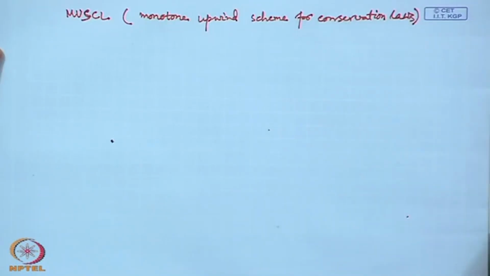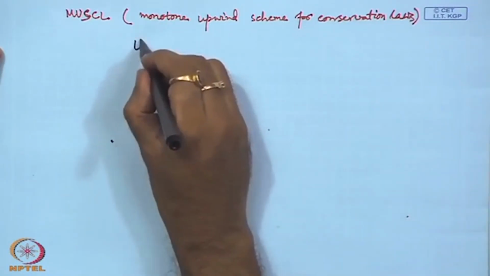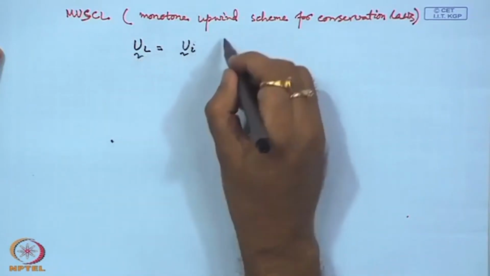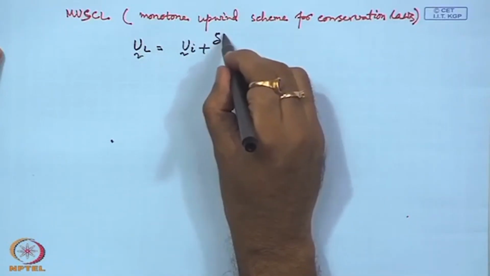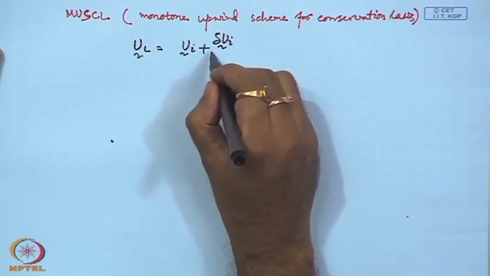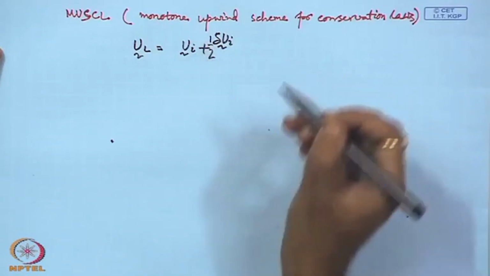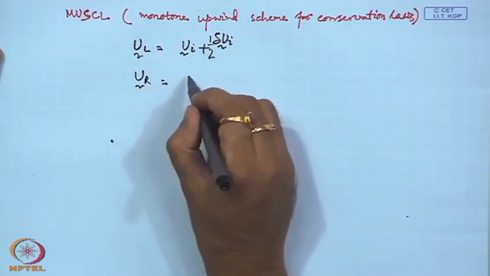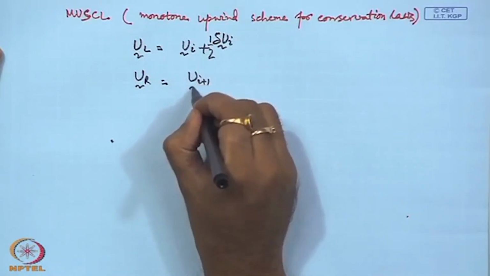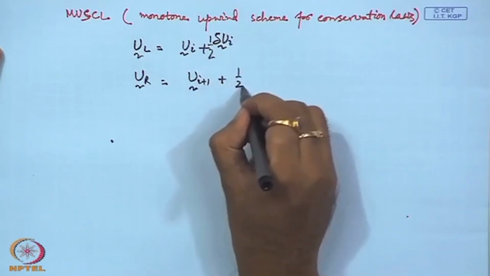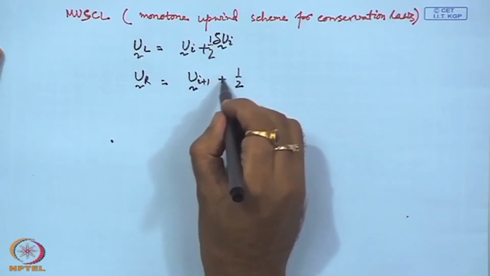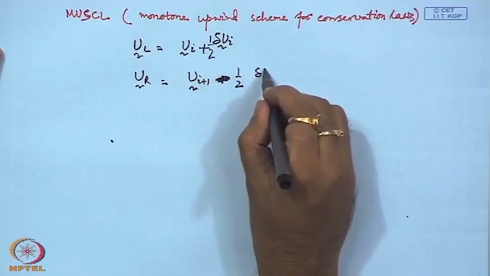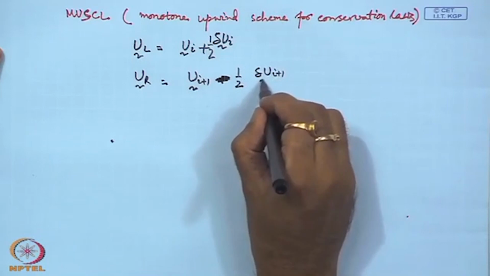So, under this, UL is calculated as UI plus half del UI, and UR is calculated as UI plus 1 minus half del UI plus 1.